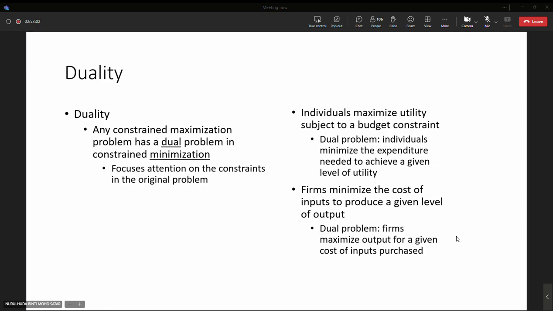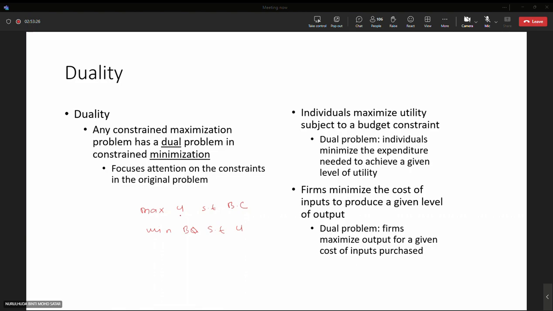So we have maximization of utility subject to the budget constraint, and we have the minimization of the budget, since it has become the objective, so we drop the constraint, and it becomes minimization of budget subject to the utility.